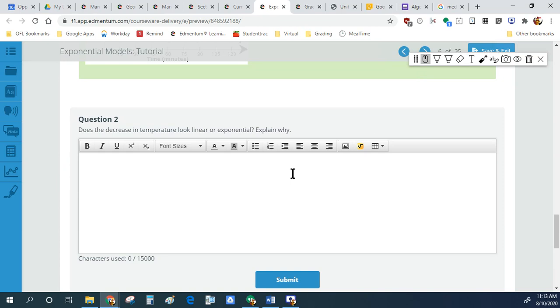It looks exponential because the rate of change keeps decreasing.